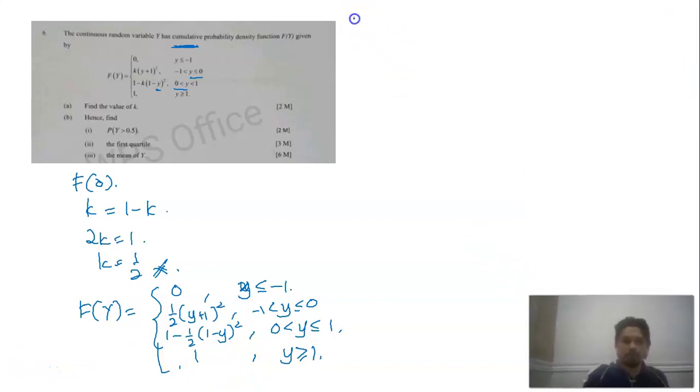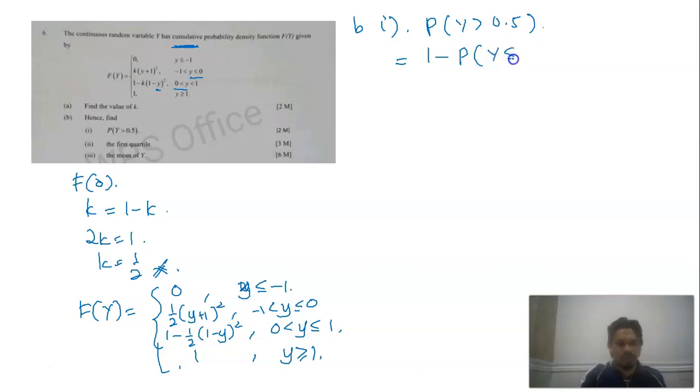So for B1, find the probability of y greater than 0.5. For this one, just imagine that the probability is equal to 1 minus the probability of y less than or equal to 0.5.